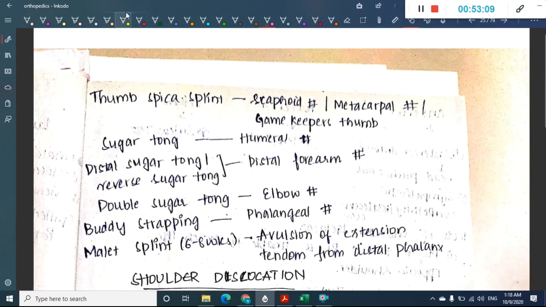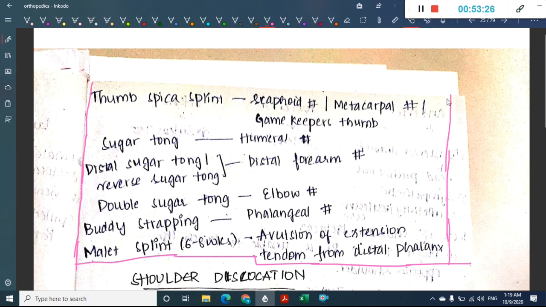Then there are some more splints and tractions of the upper limb, that is thumb spica splint. It is for scaphoid fracture or metacarpal fracture or for gamekeeper's thumb. We have sugar tongs, which is for humerus fracture. Then we have double sugar tongs, which is for elbow fracture.